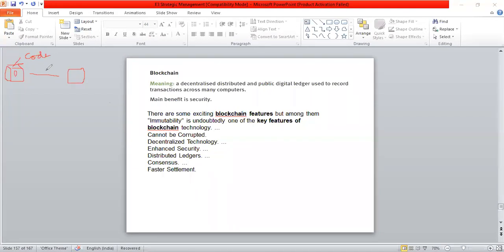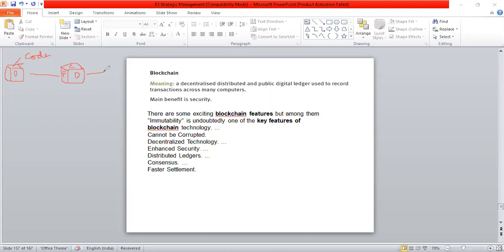Then this is connected to the next block. The next block also has the same facets: a new set of data is recorded, and again it has a code so that this new set of data is blocked. Another facet of it will have the previous data, which is connected to it. So interconnected blocks of data would be there.